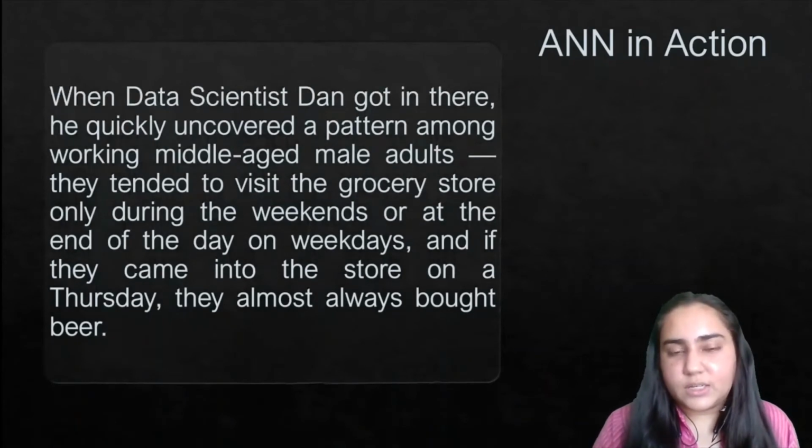And when the data scientist called Dan got in there, he quickly uncovered a pattern among working middle-aged male adults. They were visiting the grocery store only during weekends or at the end of the day on weekdays. And if they came into the store on Thursday, they mostly always bought beer.